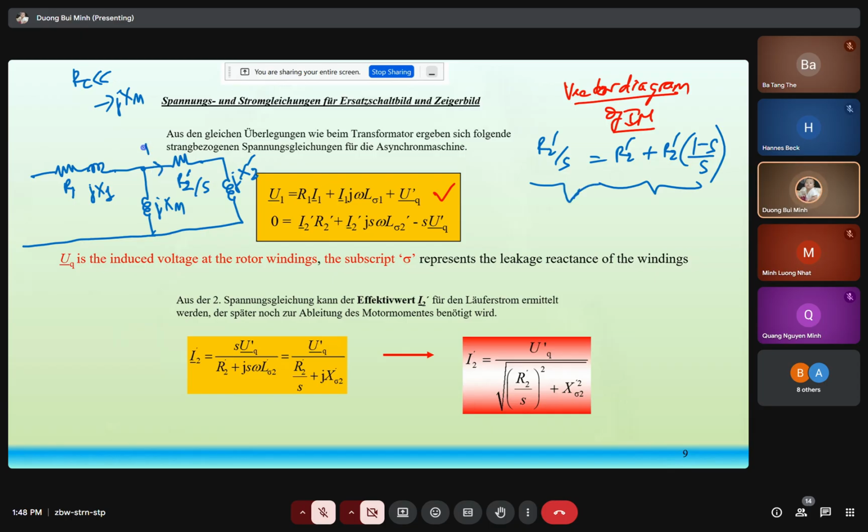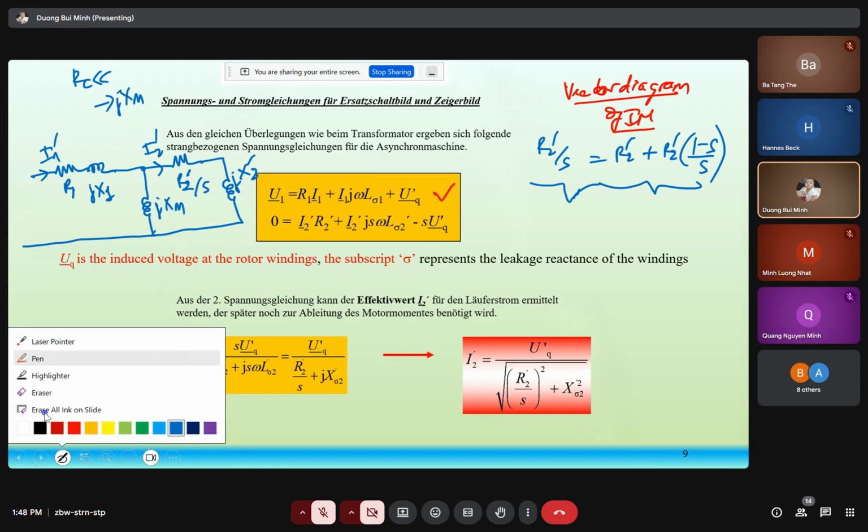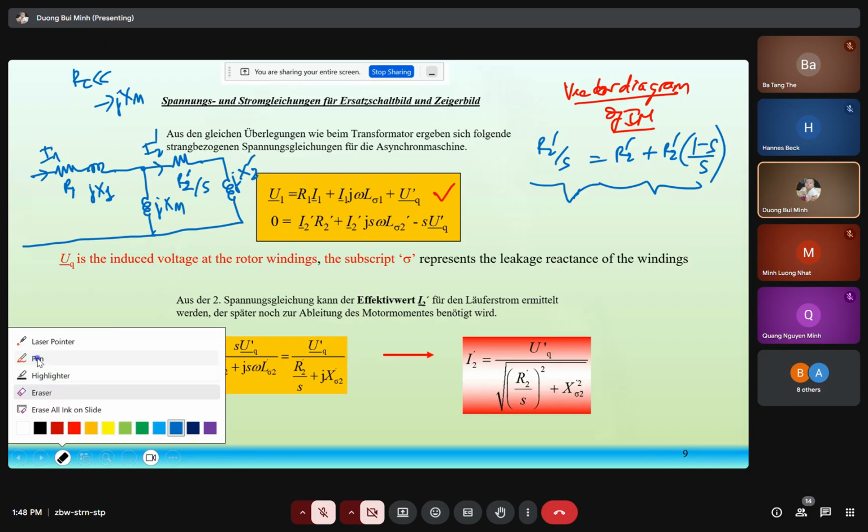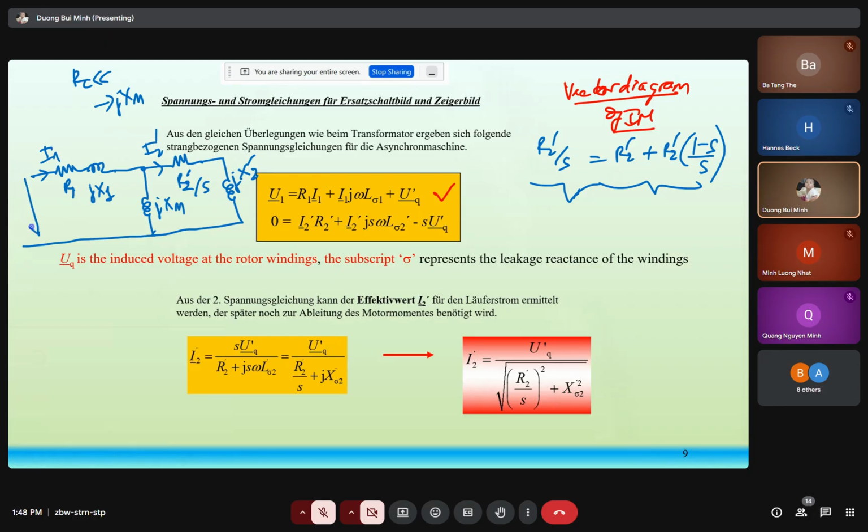So here we have I2', this is I1, and here is V1, or sometimes we say V phase. So if we consider this circuit, now we look at this one.